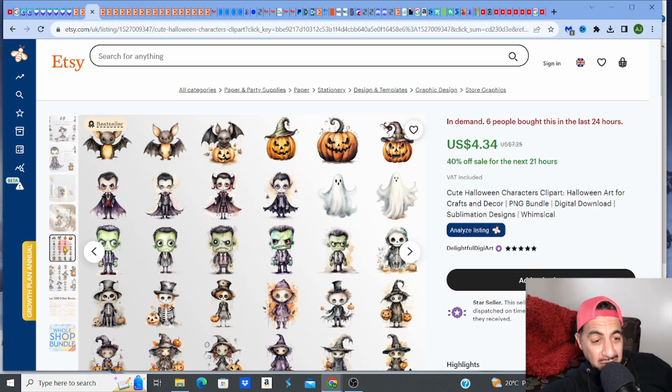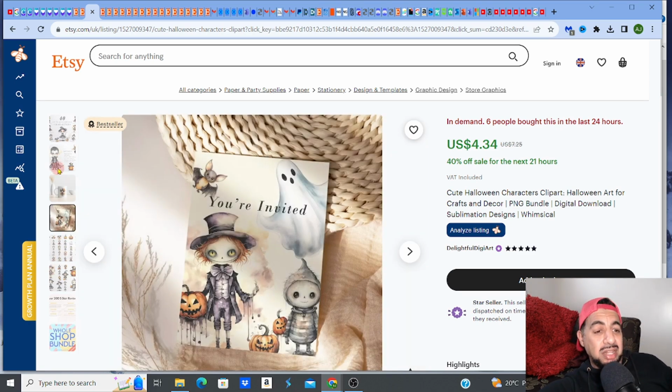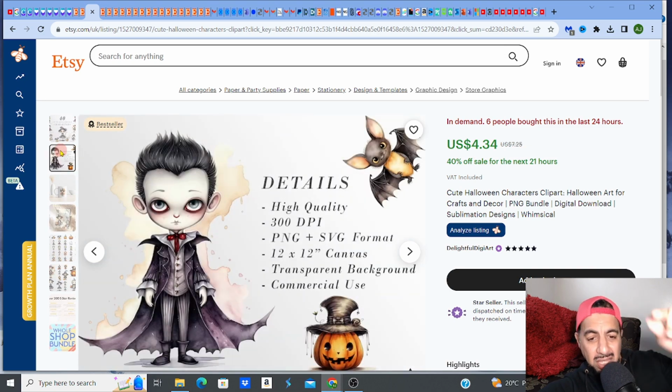Show them what they're going to get. Mock up, and then also answer questions. These are the things that will answer what you're going to get. What do you have? What is included in it? That way, they don't have any questions in their minds. Any questions in someone's mind, if they're comparing your listing with another and the other one answers the questions, they're going to buy that one.